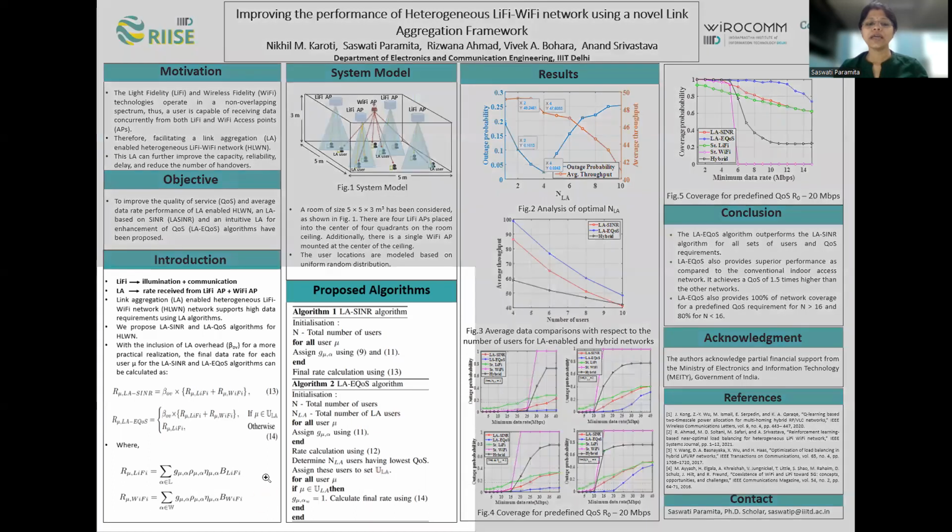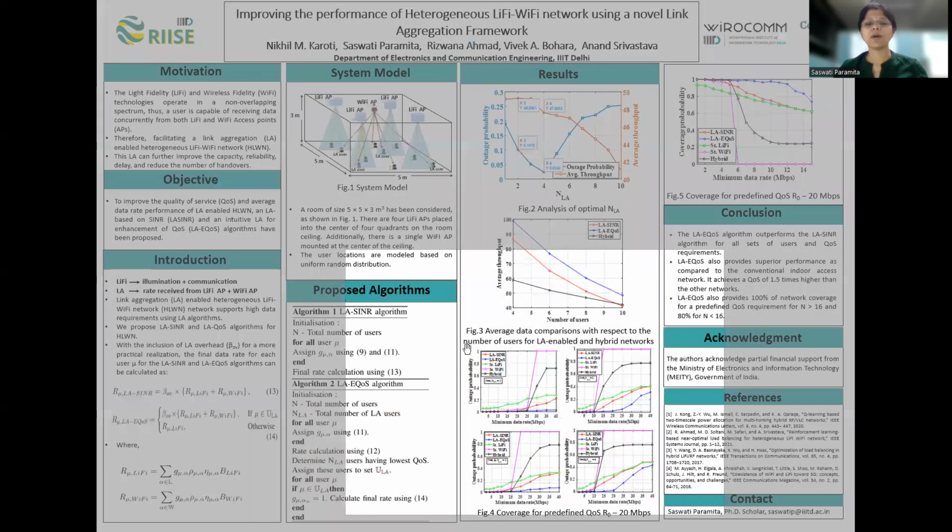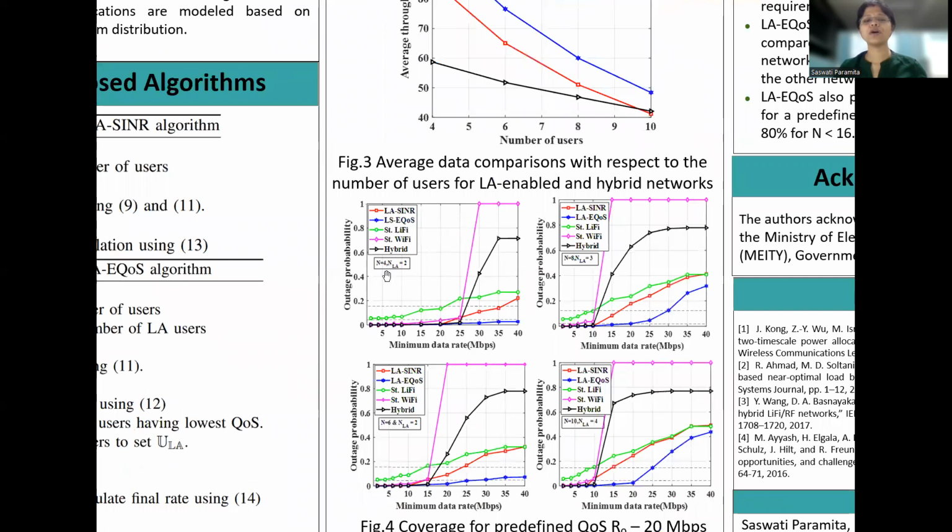We observe in the case of outage probability for different N and NLA values, our proposed LA-EQoS is performing better than our proposed LA-SINR, LiFi, Wi-Fi, and hybrid network.